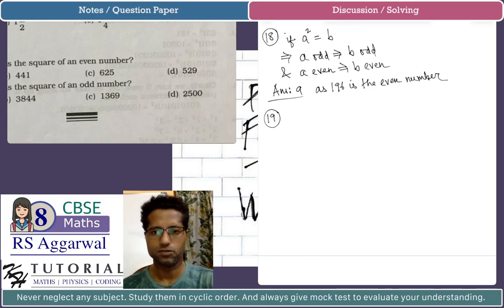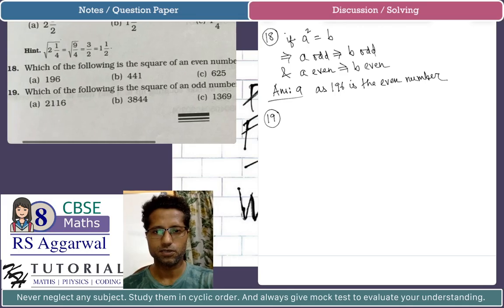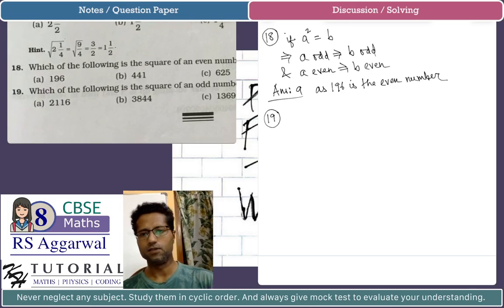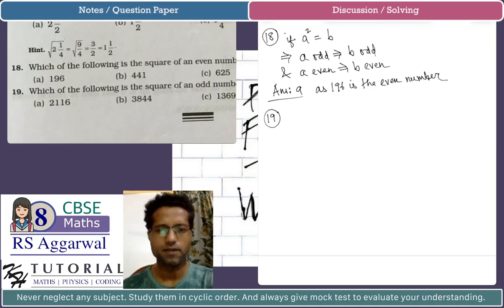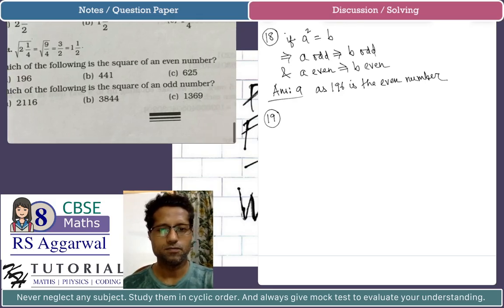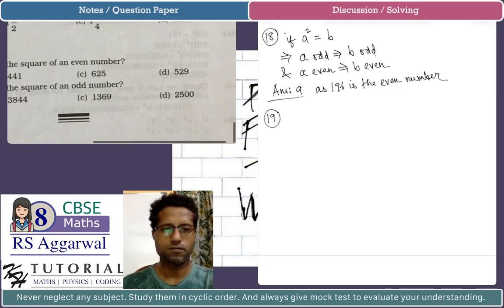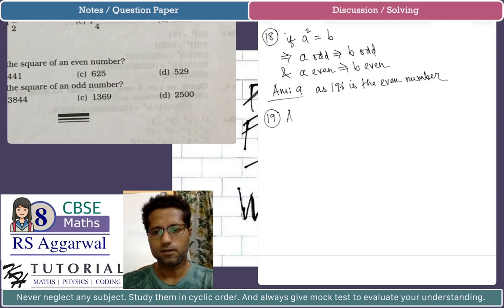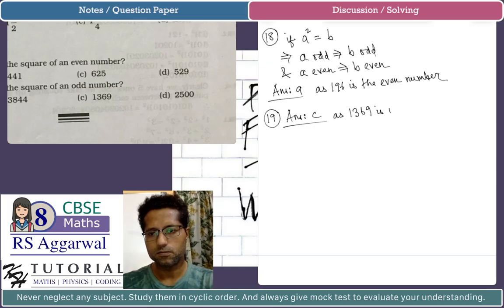Any number ending with 0, or any even digit, is an even number. So the only choice which is an odd number is 1369. So definitely the answer has to be C, because 1369 is an odd number.